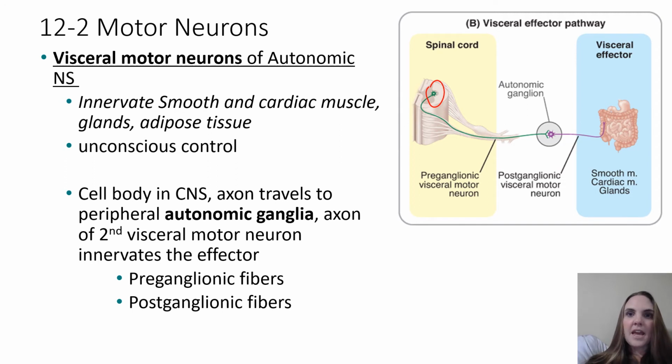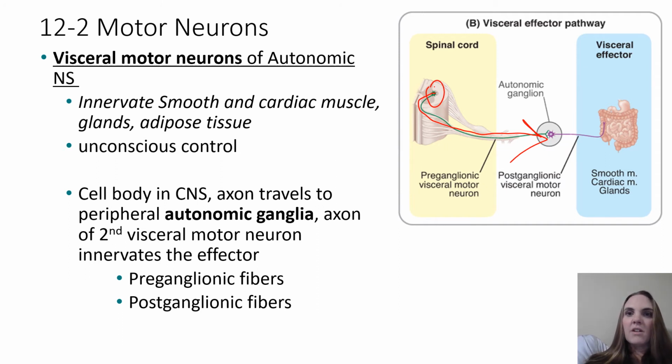But then what's going to happen is that axon is going to leave the central nervous system, and it's going to travel to a second set of visceral motor neurons that begin in the autonomic ganglia. So remember, we said a ganglia is a group of cell bodies in the peripheral nervous system.